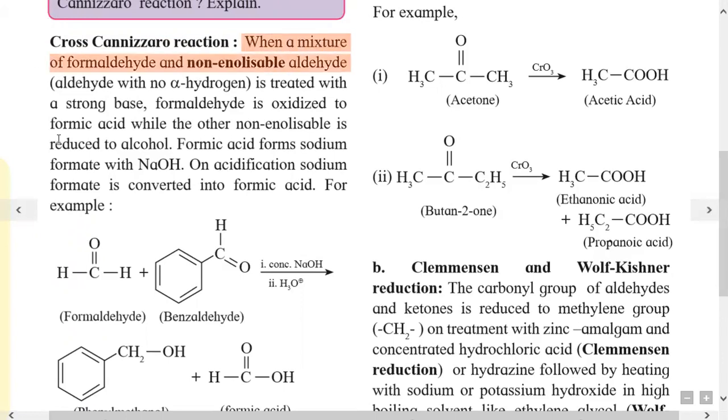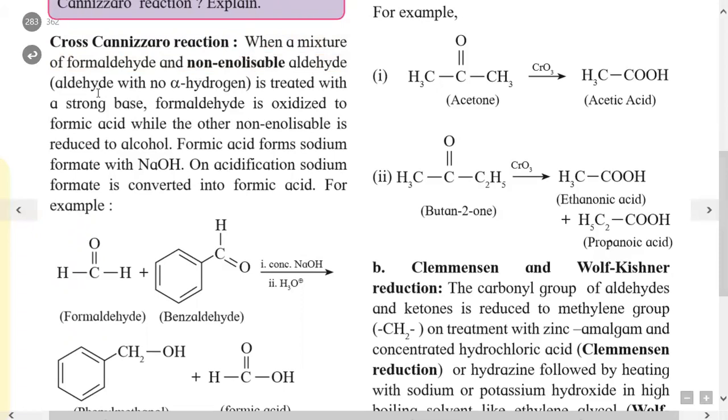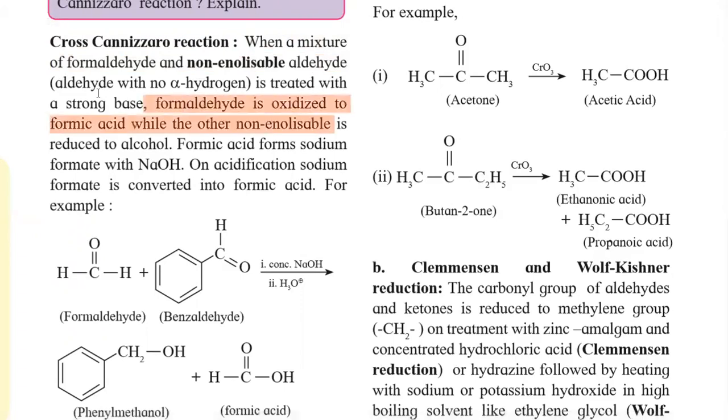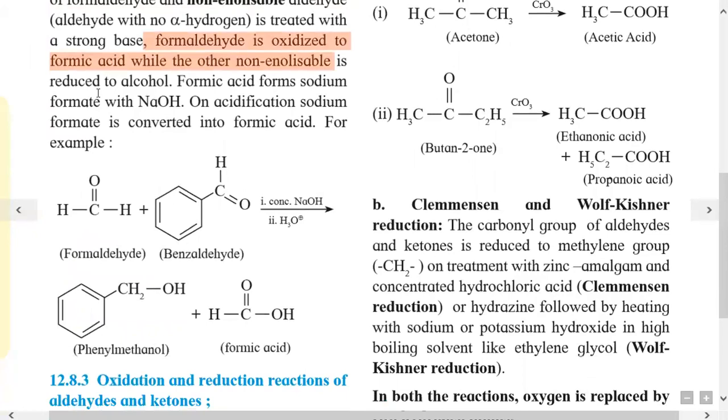That is, when a mixture of formaldehyde and a non-enolizable aldehyde, that is an aldehyde with no alpha hydrogen atom, is treated with a strong base like concentrated NaOH, then formaldehyde is oxidized into formic acid and then converted into sodium formate, and the non-enolizable aldehyde, that is benzaldehyde, is reduced to alcohol.